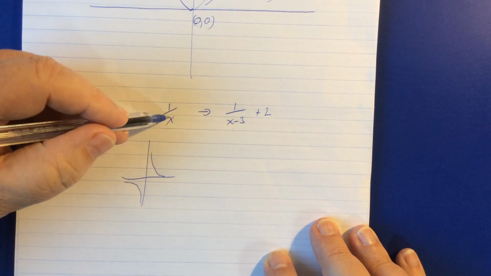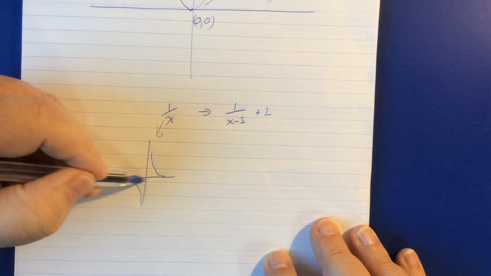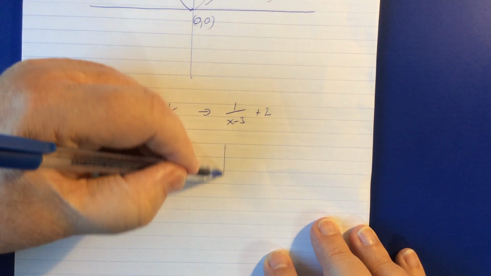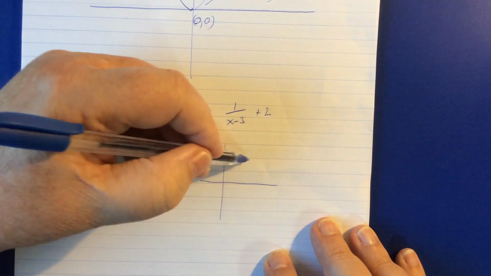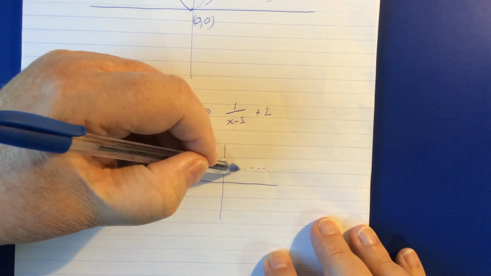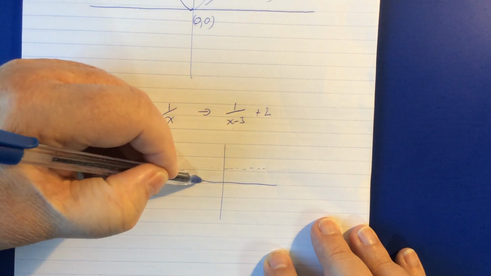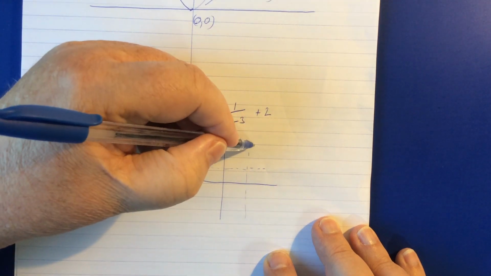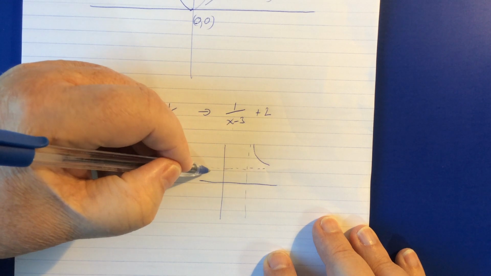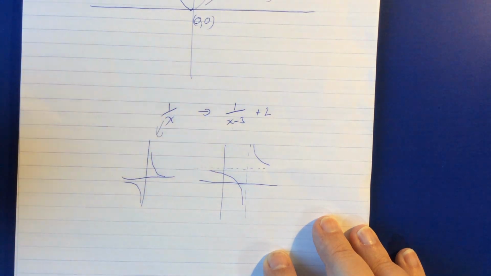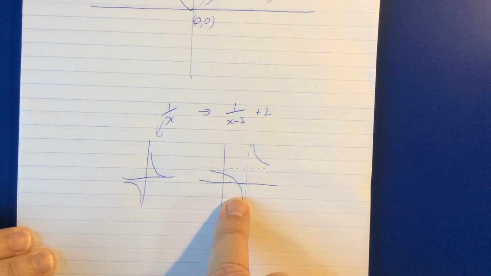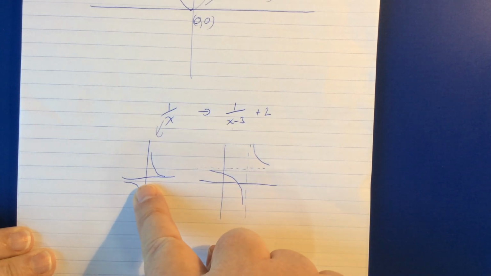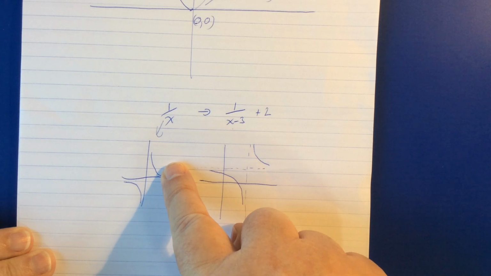In this case, the x and y axes are the asymptotes. In this case, we have an asymptote at +2 and +3. These are indicated by dotted lines. And this thing looks something like that. And you can see that it's been translated sideways and up. So really it's as if somebody just picked it up and did that with it.